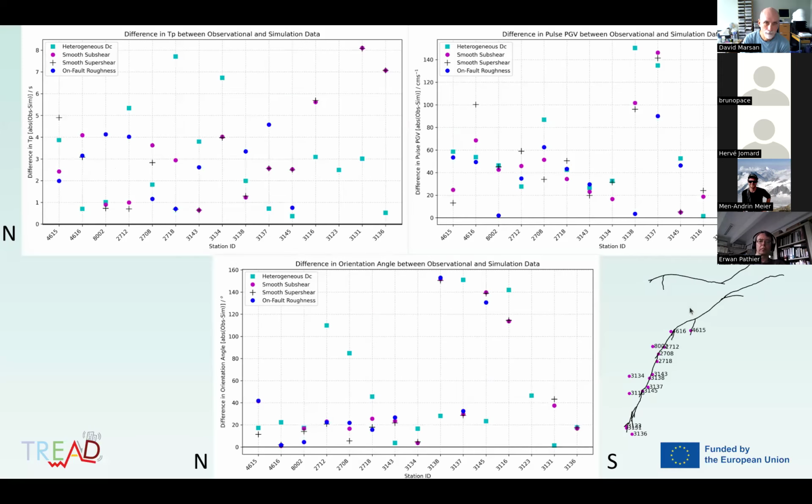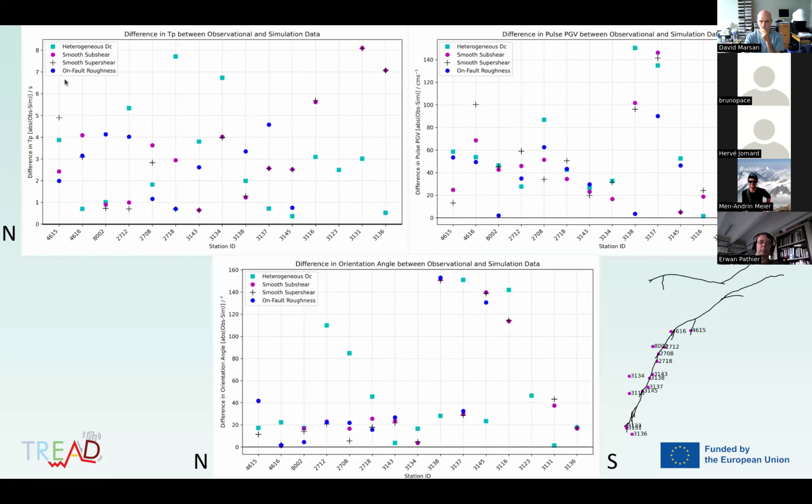And then I attempted to show the differences in all of these simulations. What we're looking at seems overwhelming at first, but each plot has the different station IDs, which are categorized from north to south as they go from left to right.